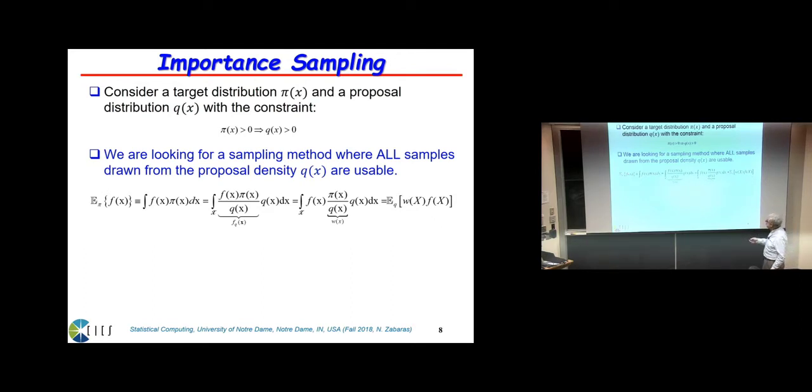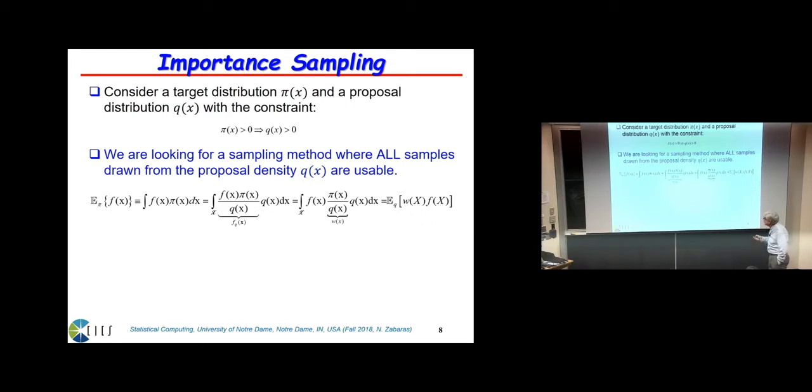You want to calculate the expectation with respect to pi of f. That's the definition of the expectation. So what I'm going to do is divide and multiply by q. I can do this because q is positive, okay? And now, immediately, you can see something nice. Doesn't this look to you like an expectation, but not with respect to pi, but with respect to q?